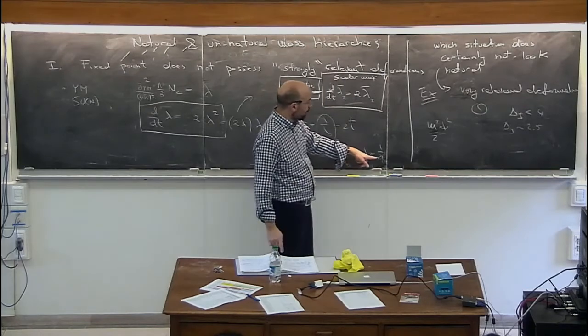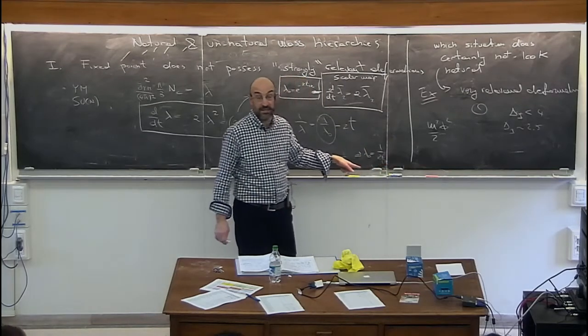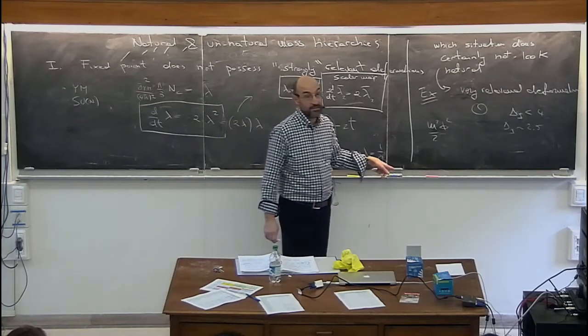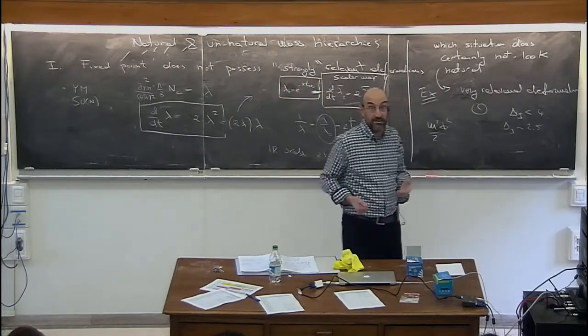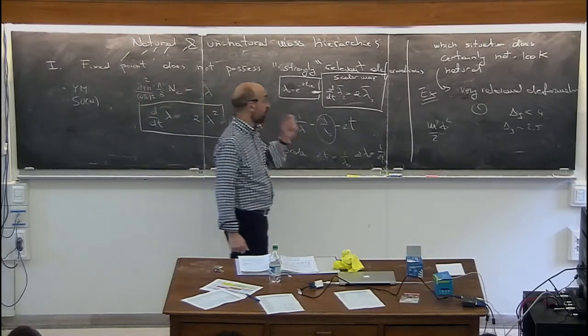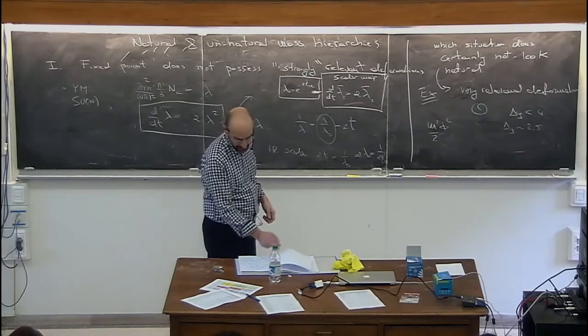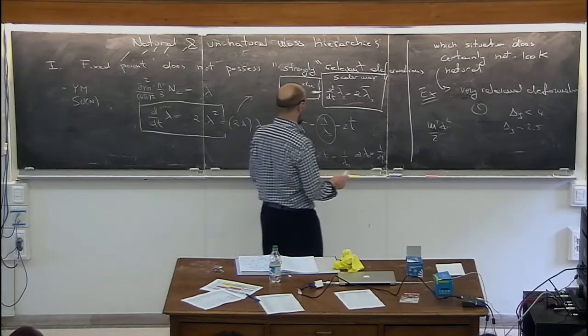So lambda 0 should be small, but should not be exponentially small. It should be power-like small in the RG time. Which is a big difference, numerically. It doesn't take that much effort to get this.